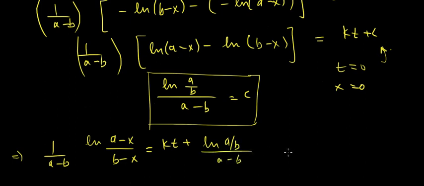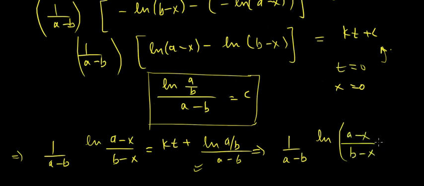So from here, taking this part on the left hand side, after simplifying with simple mathematical operations, this would be ln((a minus x) divided by (b minus x)) multiplied with b upon a, since 1 upon (a minus b) is a common factor in both the cases.